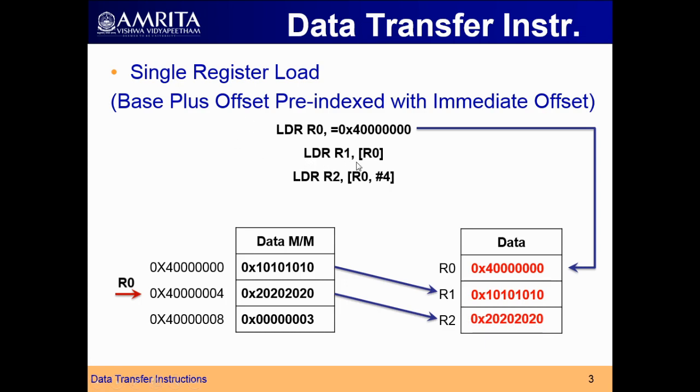What do you mean by LDR R1 comma bracket R0? The data pointed by R0 will be moved on to R1. Then LDR R2 comma bracket R0 comma #4, what does it mean? The address stored in R0 will be incremented by 4 and the content of that updated address, that is 4004, will be moved on to R2. Right? So after moving this, what will be the updated address? 4004.